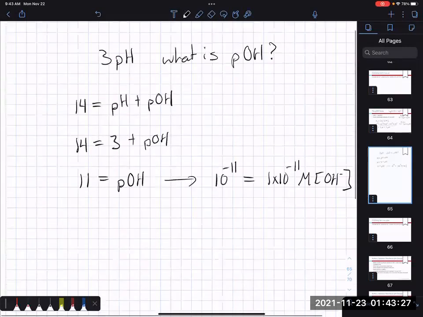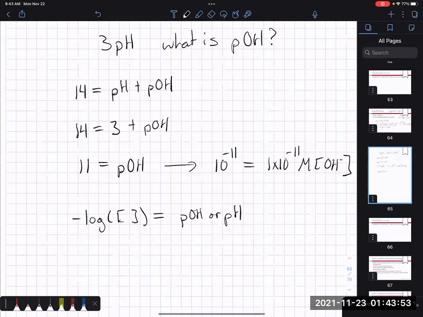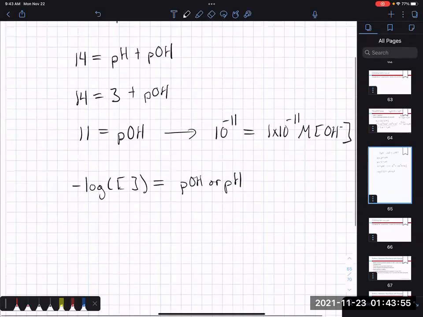So there's only really, what is that, like 2 or 3 different operations that we do in converting acid or base concentrations. There's the negative log. I'm just going to put brackets in here, right? And that's going to give us pOH or pH, depending on which concentration we put in there.